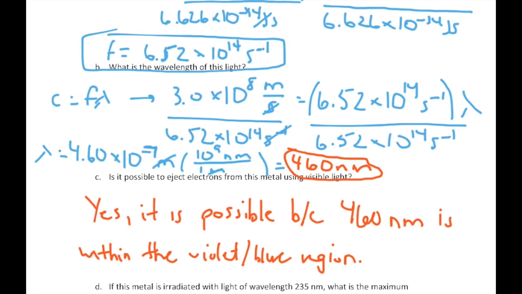Okay. So you need to have visible light that is 460 nanometers to eject electrons.